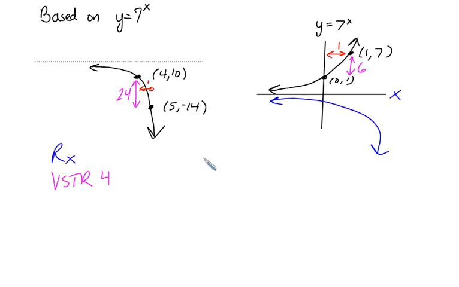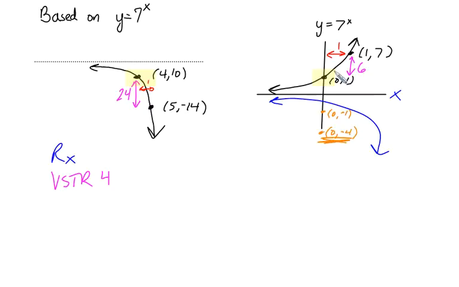Next up, we have our reflect across x, we have the vertical stretch. What happened specifically to this point right here? 0, 1 became 4, 10. Reflect the point 0, 1 over the x-axis, it's going to end up at 0, -1. And we're vertically stretching it by 4, so it's going to end up at 0, -4.